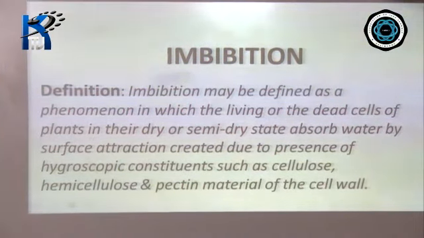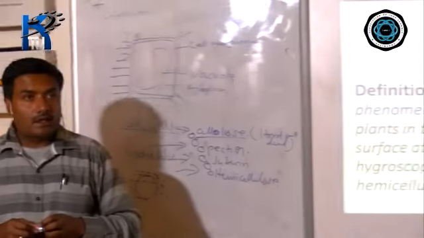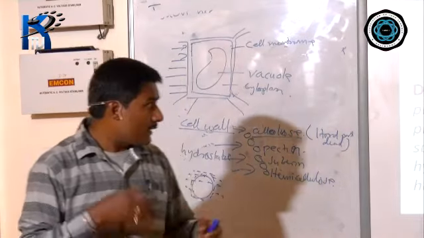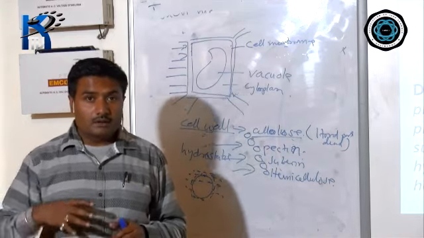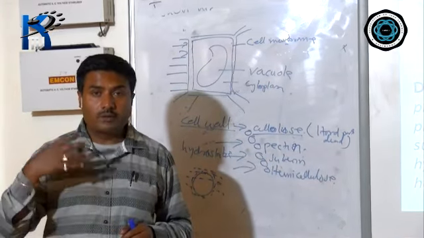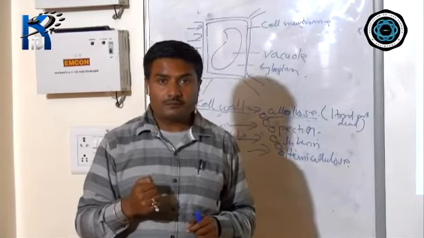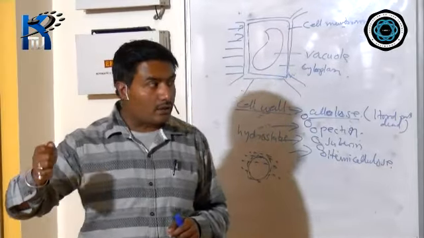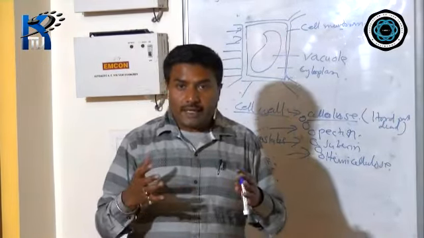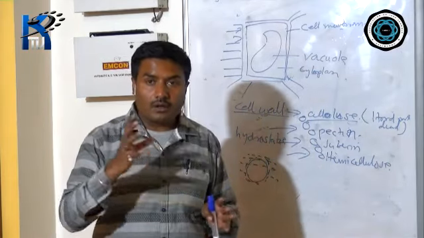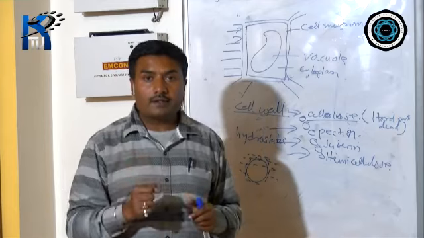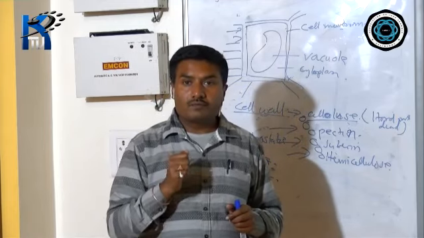imbibition. You must have seen, especially during the monsoon period, that wooden doors and windows get jammed. You cannot lock them properly. What has actually happened? The moisture has got imbibed on the wooden door, and due to that it does not fit into the frame.